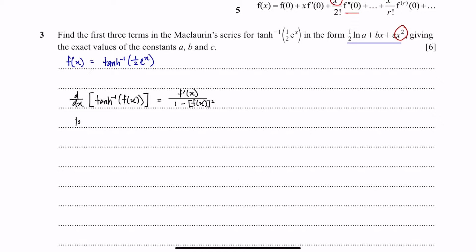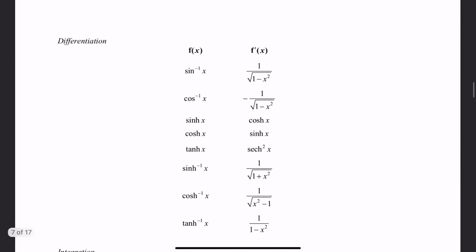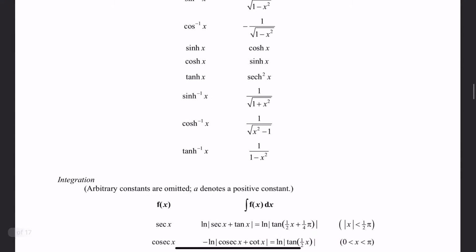So we can let y equal arctan f(x), and now f(x) will be tan y. So tan y, you can find the differentiation here.